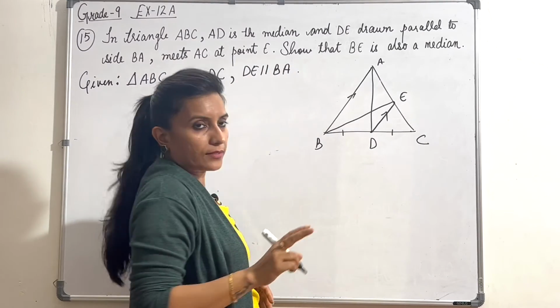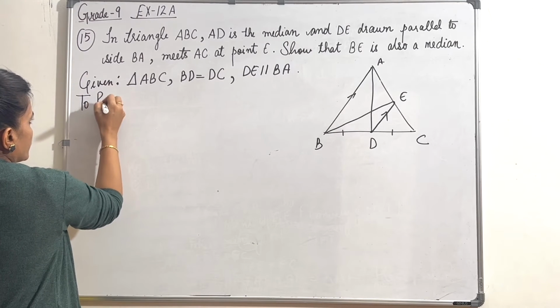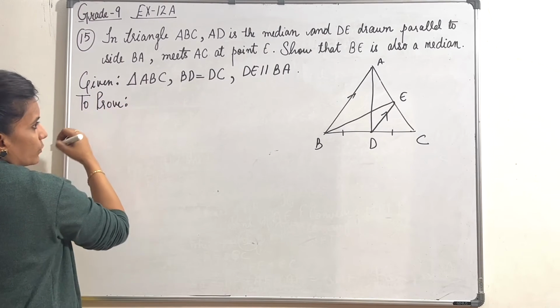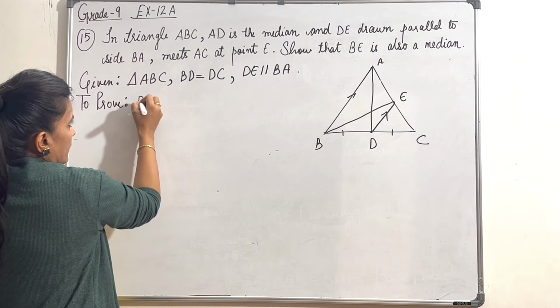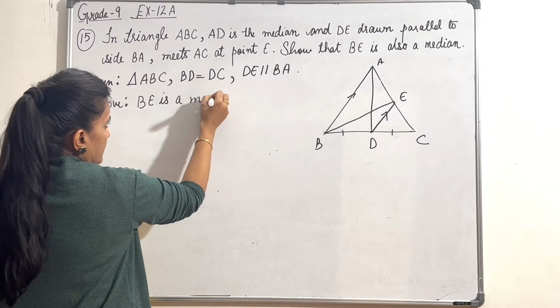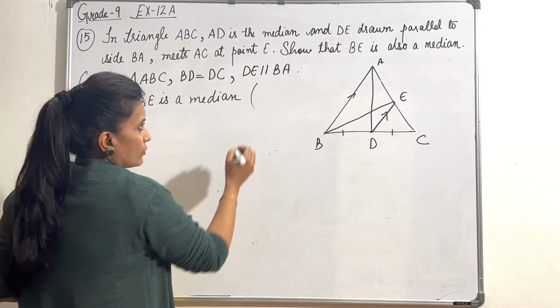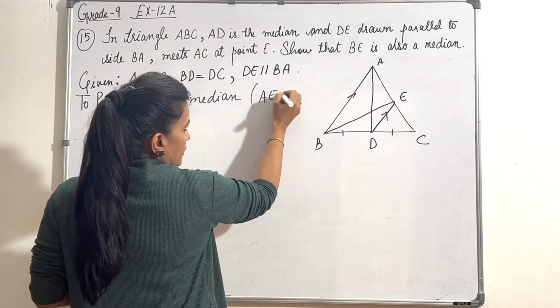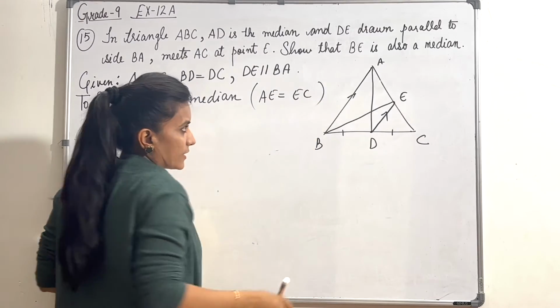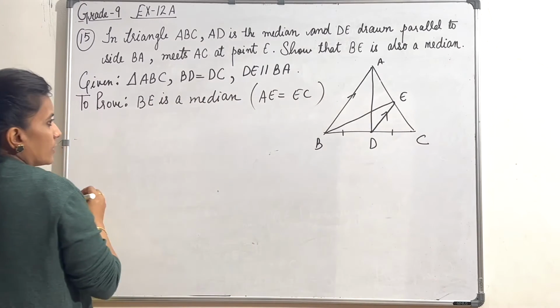Okay, these two things are given. Now what do you have to show? What do you have to prove? So you have to prove that BE is a median, which means that you have to show AE is equal to EC, or you can say E is the midpoint of AC, right? So it's a very simple problem.